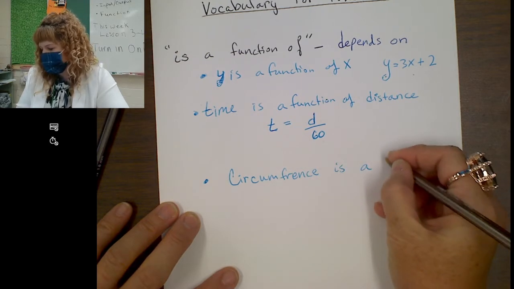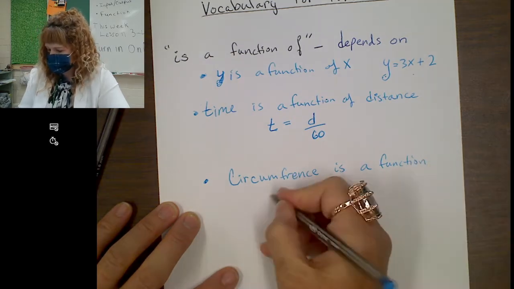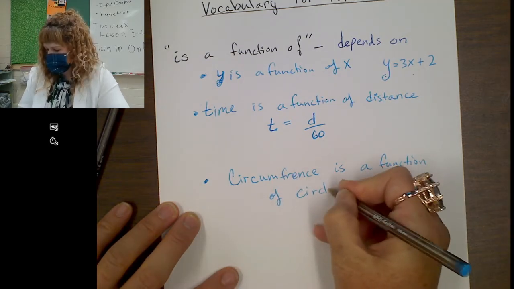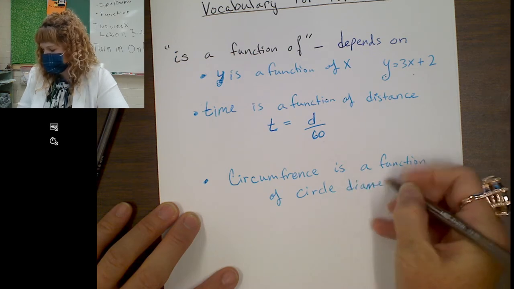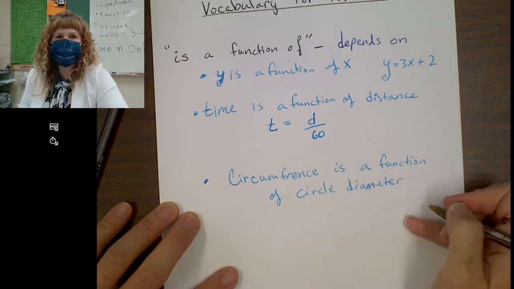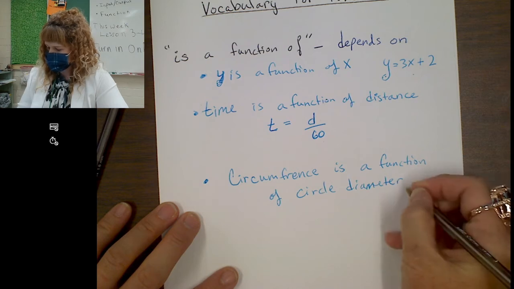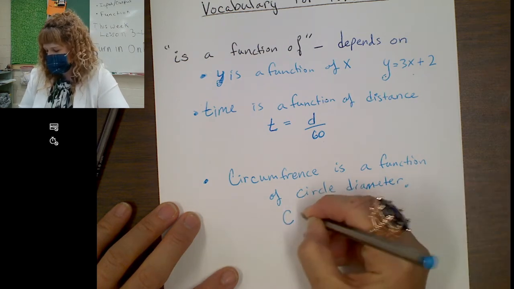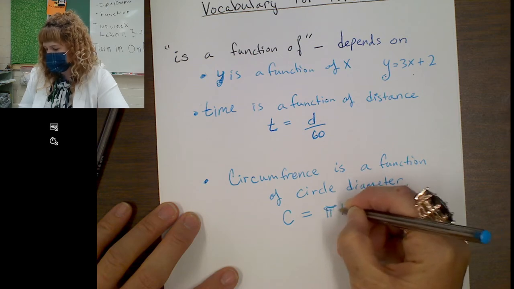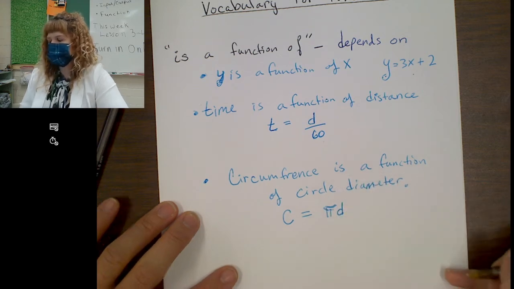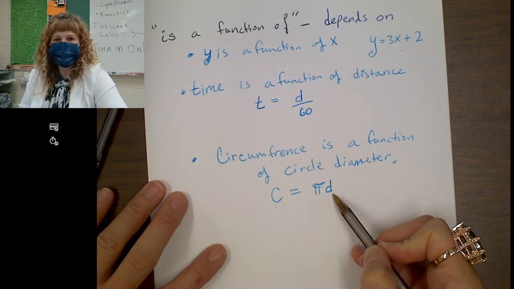Circumference is a function of circle diameter. And what that means is the circumference of the circle depends on what its diameter is. Here's an equation for that. C equals pi times d. D is the diameter. The circumference of the circle depends on the diameter.